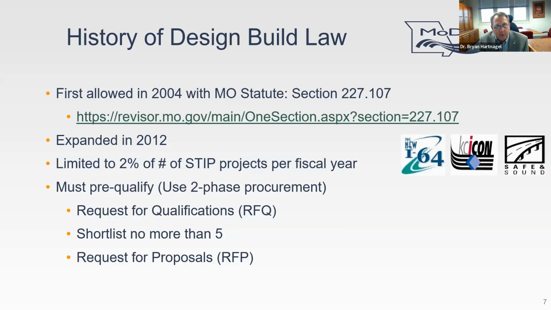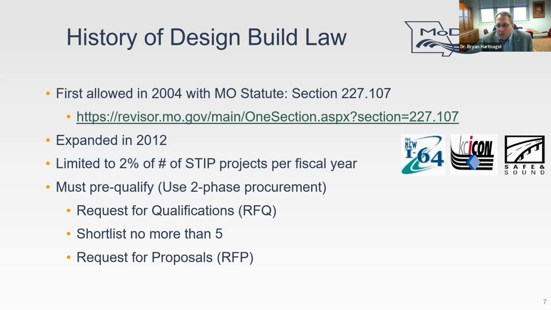The KC Icon was replacing a bridge over the Missouri River that carries Interstate 29 over the Missouri River in Kansas City. And then the Safe and Sound Bridge Bundle was our first bridge bundle. We started out, we were going to do 800 bridges with this project. We found out we didn't have a bridge in a couple counties, so it became 802 bridges.